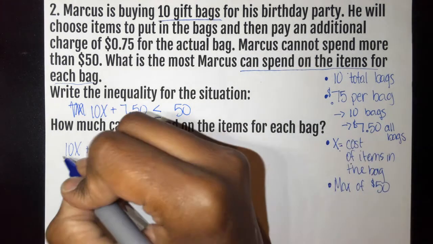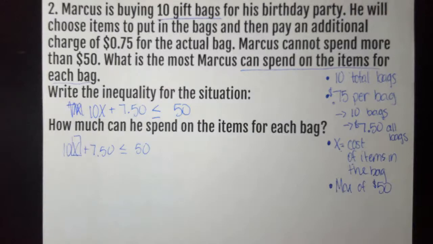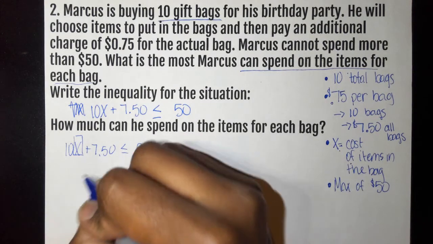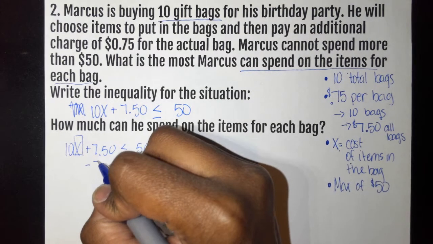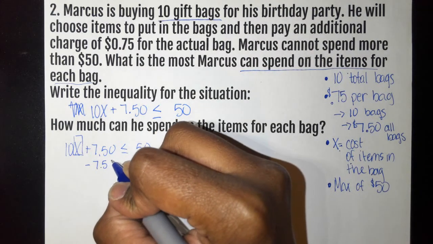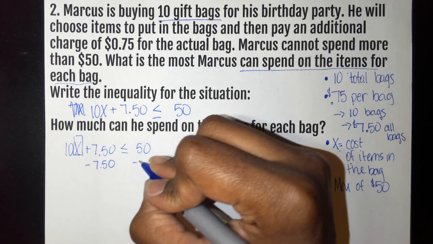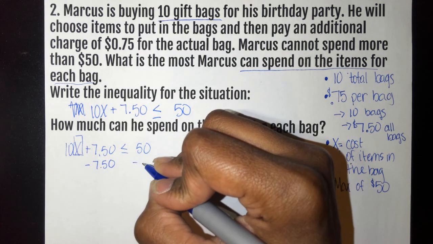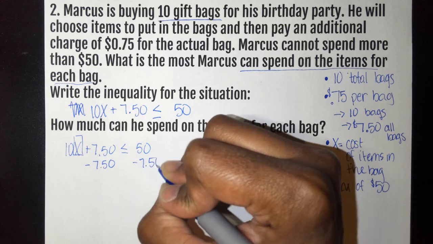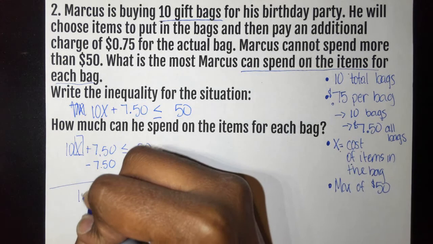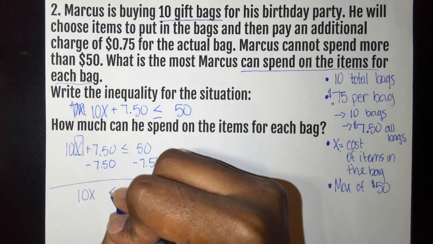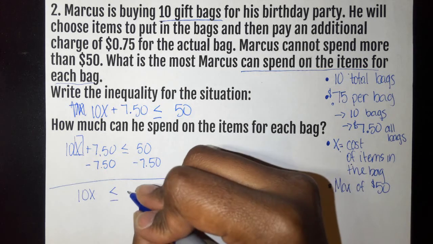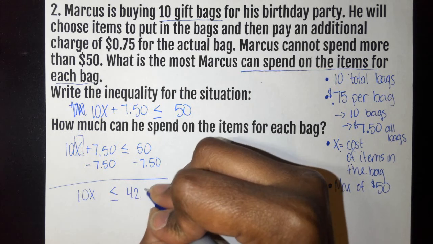I want to get X by itself on one side of the inequality. So what I'm going to do first is get rid of my constant number, which is $7.50. If I do something on the left side of the equation, I need to do it on the right as well. So what I end up with is 10x is less than or equal to $42.50.